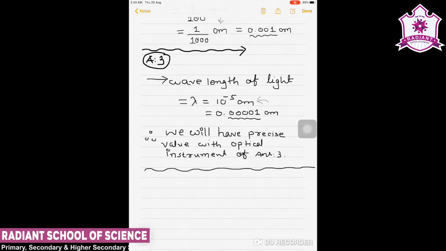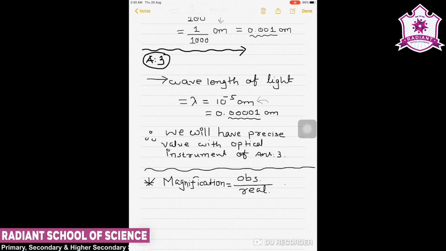Here is one new term that we have to understand: what is magnification? Actually, as per the term in physics, magnification is observed width upon real width, observed upon real.